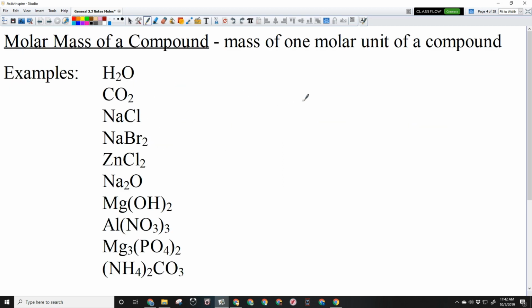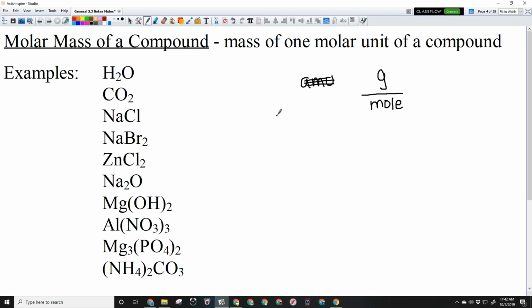What we're going to start doing, instead of talking AMUs like we did in 2.2, is we are not going to talk in AMUs anymore. We're going to talk in grams per mole.